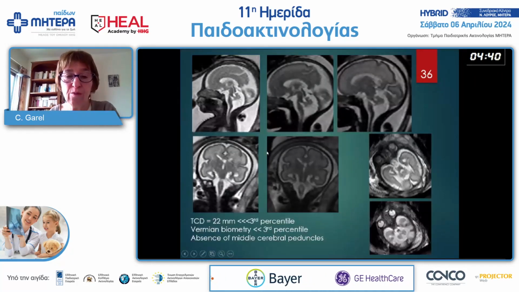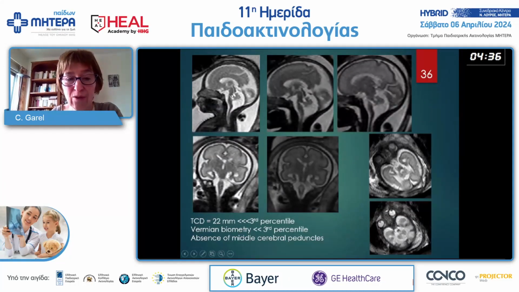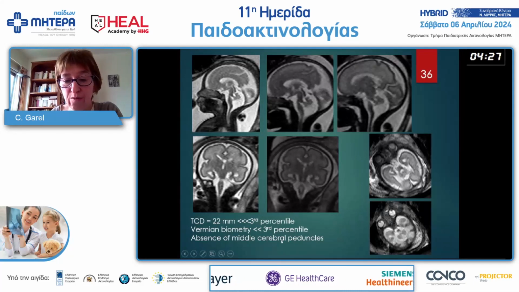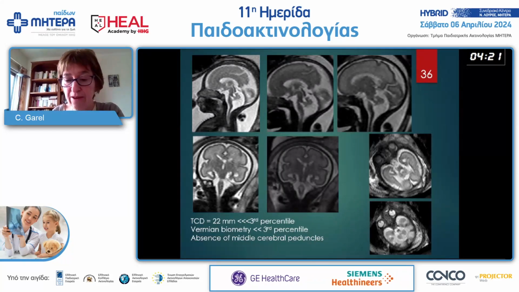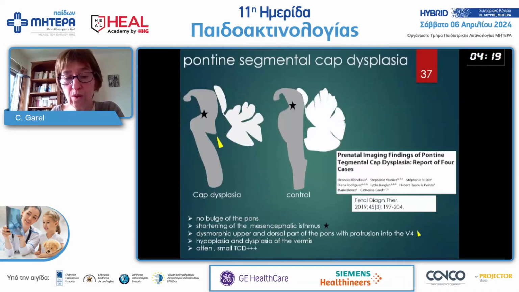And when we perform MRI, you can see that there is a typical cap protruding into the fourth ventricle, absence of middle cerebellar peduncles, and of course the biometry, both of the vermis and the cerebellar hemispheres, was abnormal.